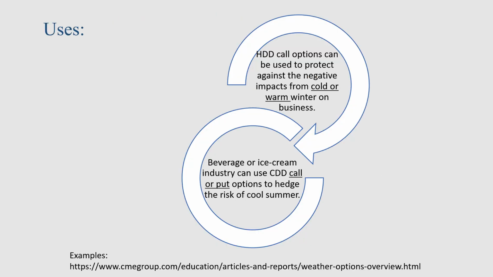Clearly, these kinds of financial products can cause all kinds of difficulties for traders and for those who are not initiated in the trading business. For example, heating degree day call options can be used to protect against the negative impacts from a cold or warm winter on a business. The beverage or ice cream industry can use cooling degree day call or put options to hedge the risk of a cool summer.